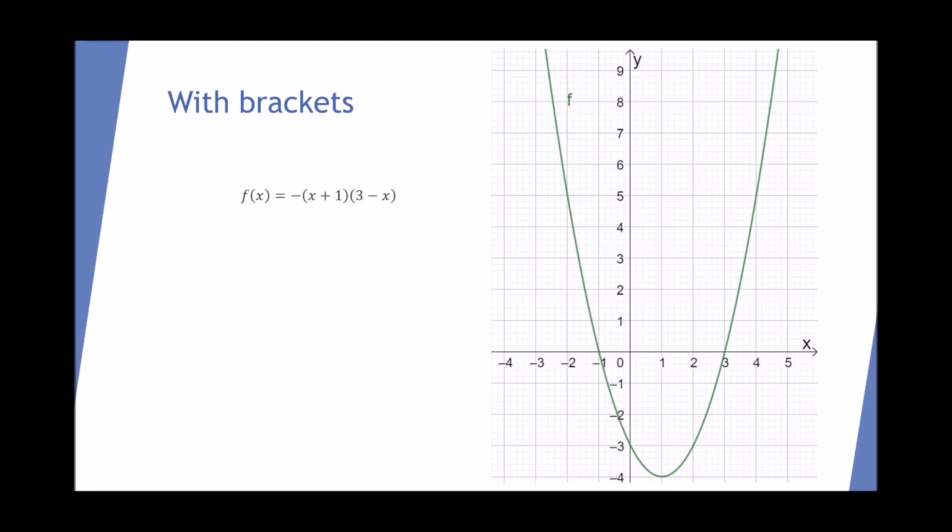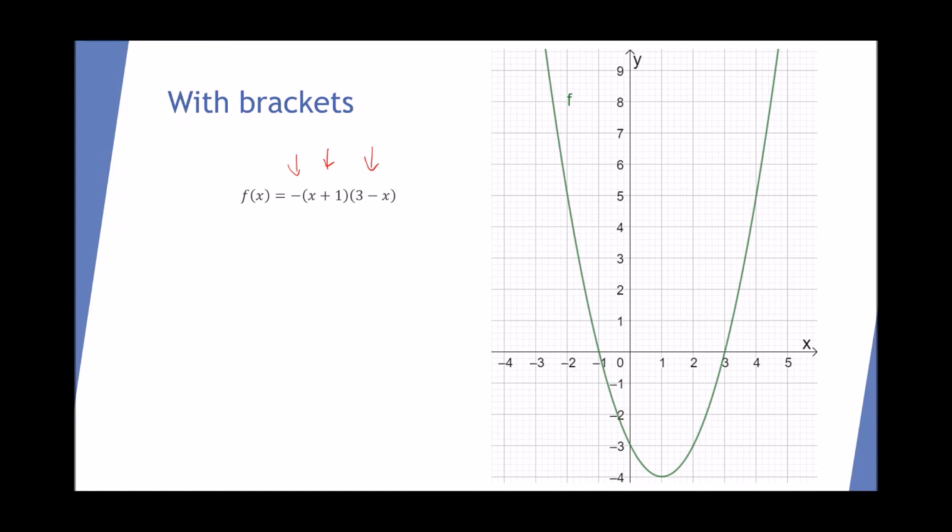So what we're going to have to do is get rid of the brackets here. And this specific function has three parts for the brackets. We have the minus, we have the x plus 1, and we have the 3 minus x. And we can only solve them two at a time, but which order you do doesn't really matter.